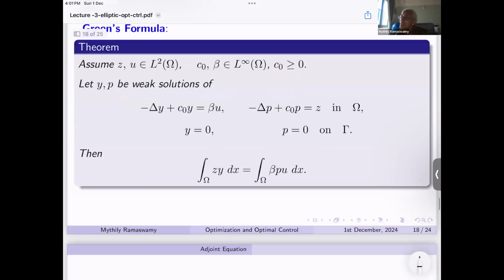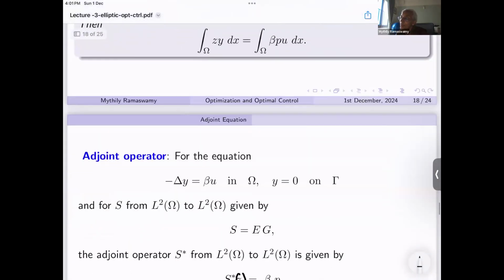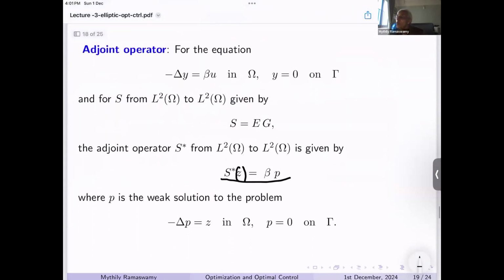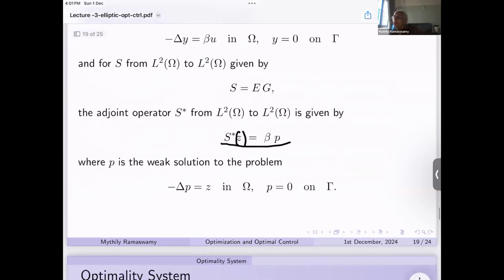That is precisely where the Green's formula will be useful. So what we have found out, of course, to check, is S star of Z will be beta P, where P solves the adjoint equation with Z as the right hand side.